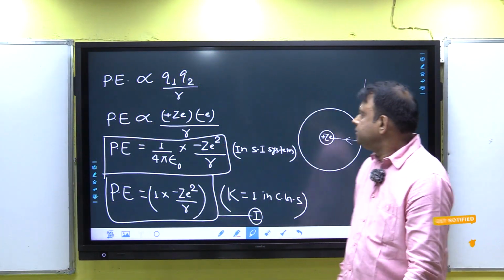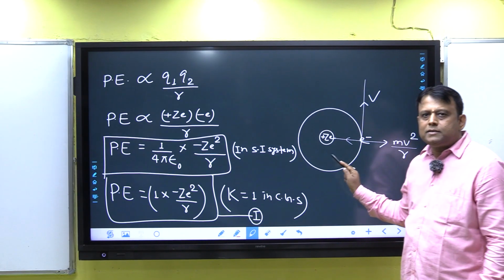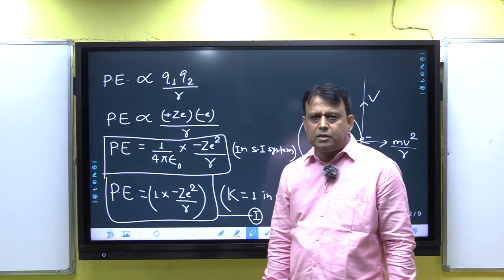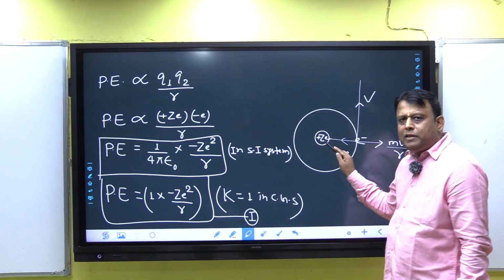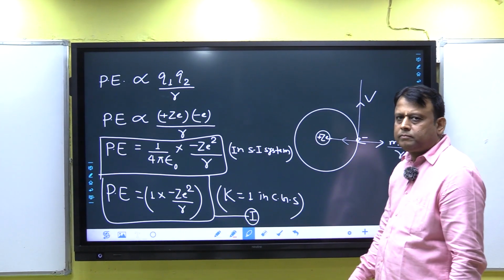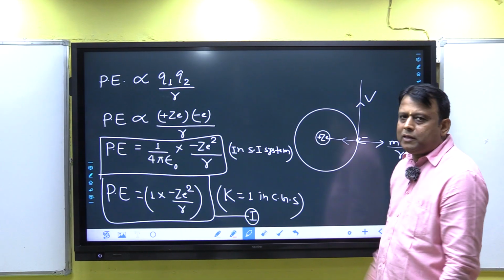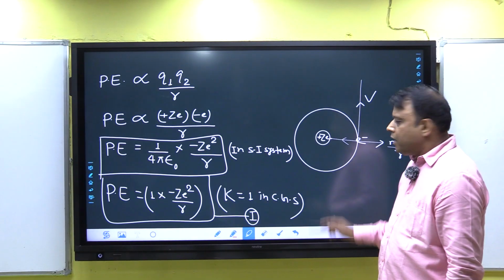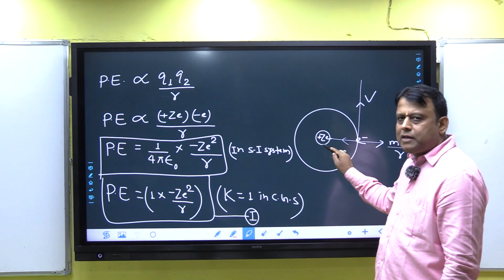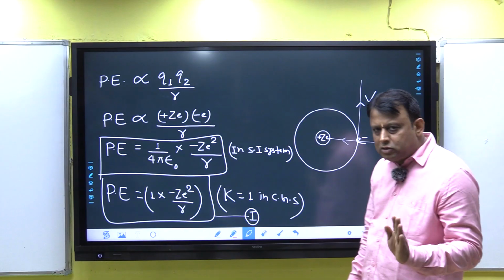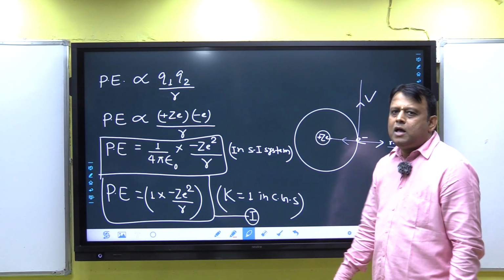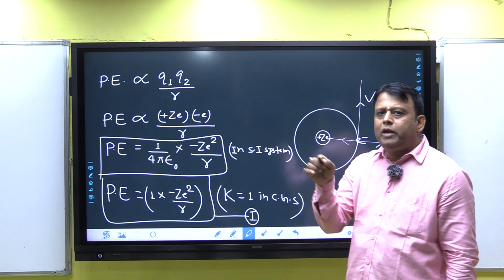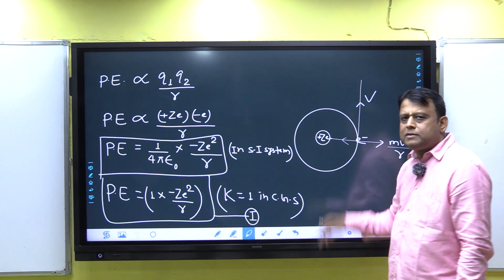Look at the board. Let us consider an atom for one electron system. Z be the atomic number and plus e be the charge of one proton. I am repeating, Z is atomic number of one electron system and plus e is charge of one proton, and hence total nuclear charge is plus Ze.